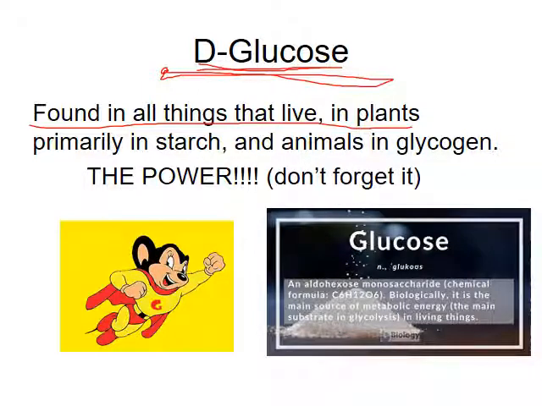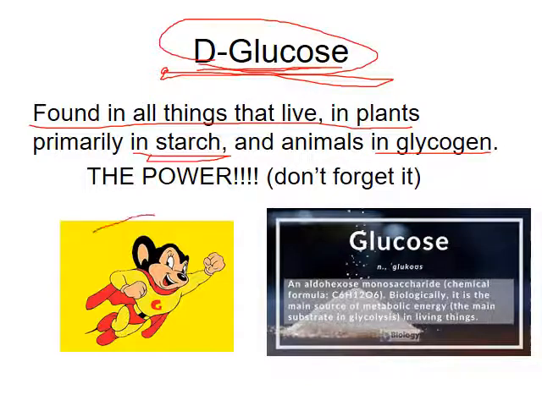In animals, we often store it as something called glycogen, which we'll talk about, and often stored as starch in plants. But it can also just float around. It's the super molecule of our bodies, okay? Super mighty mouse it is, okay? Don't forget that.